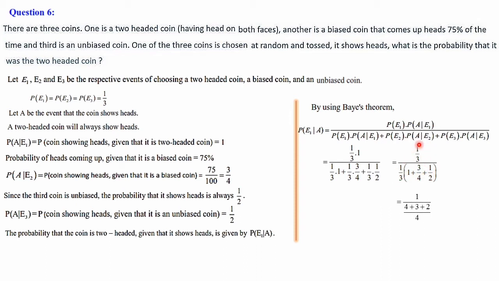The numerator will be having only 1 divided by common denominator, here we can take 4. So when we take common denominator 4, here 1 into 4, 4 plus 3 plus here you have to multiply 2. So 4 plus 3 plus 2 divided by 4. That is equal to 1 divided by 4 plus 3 is 7, 7 plus 2 is 9, 9 divided by 4. That is equal to, reciprocally you have to take 4 by 9. So the required probability is 4 by 9.